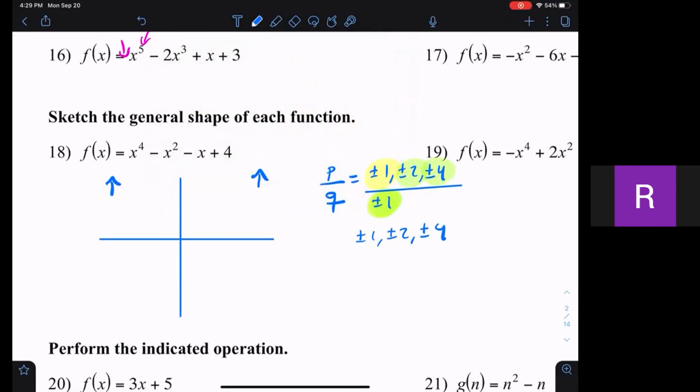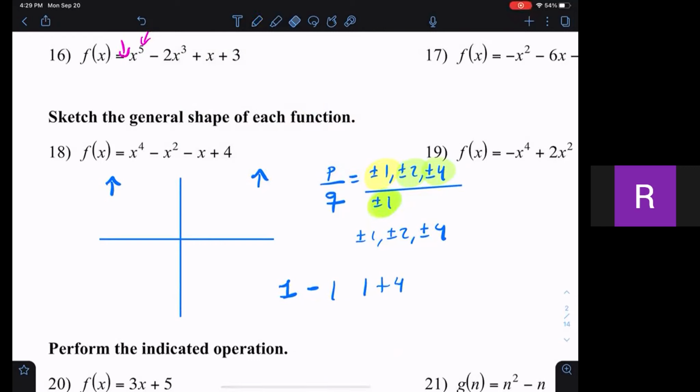So if you plug 1 here, that's 1 minus 1 minus 1 plus 4. That's not going to work. This is -2. -2 plus 4 is 2. That doesn't work. What about -1? So this is 1. If you put -1 in the function, it's 1. And then you have -1 minus 1 plus 4. -1.